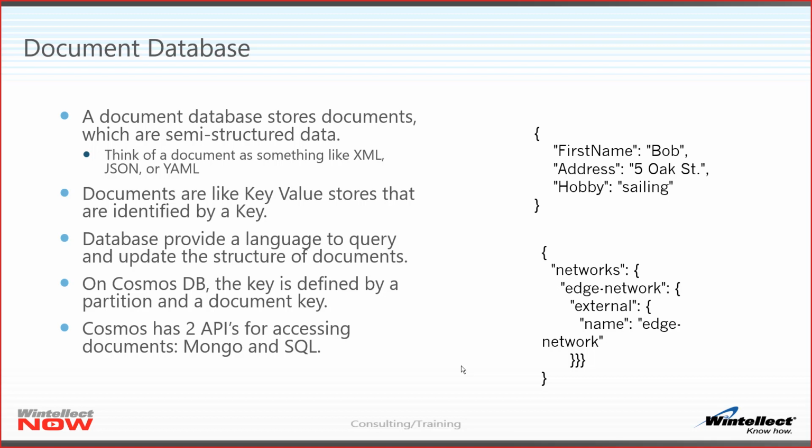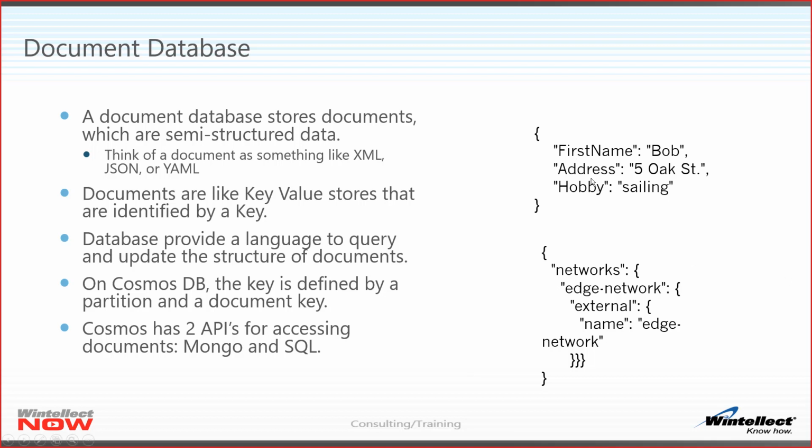The document database stores everything in objects like this. It's basically a list of key value pairs that are arranged hierarchically. It looks like JSON data. I mean, that's really what it looks like. And again, we mentioned the two APIs, Mongo and SQL. In Cosmos DB, keys can be defined based off partition.